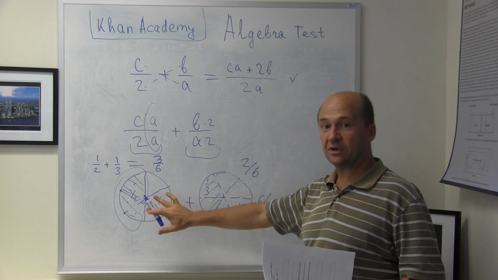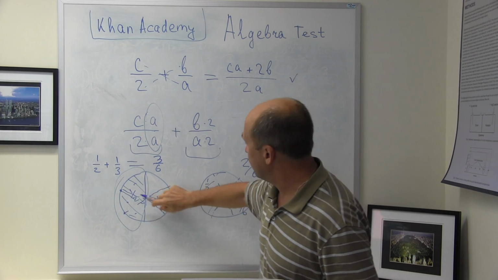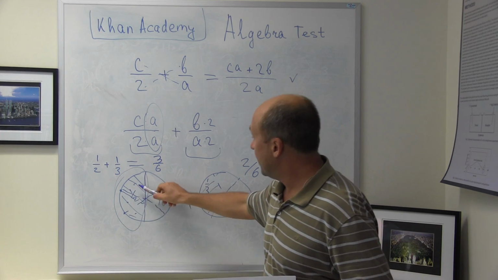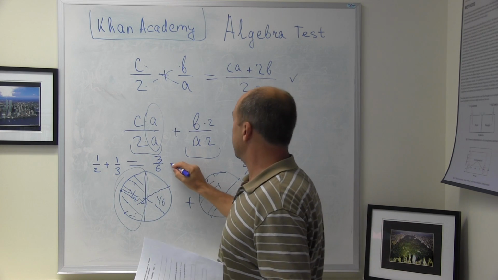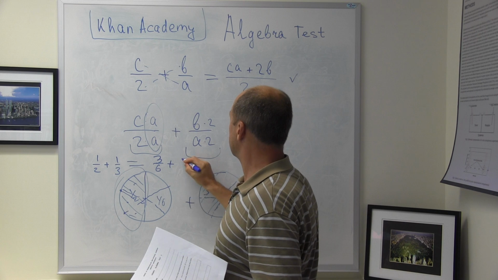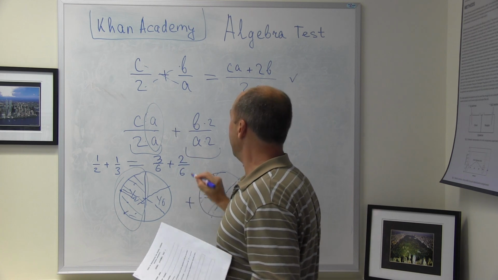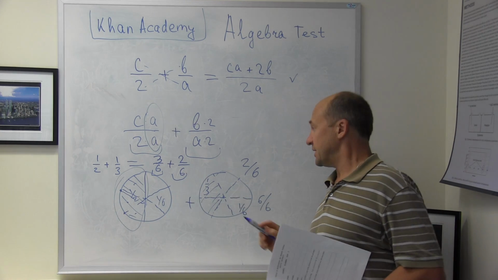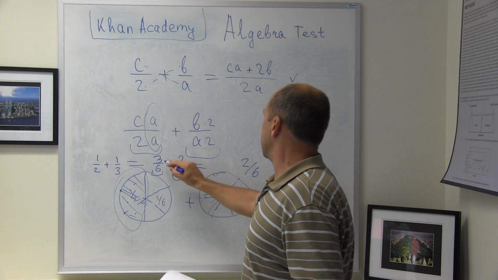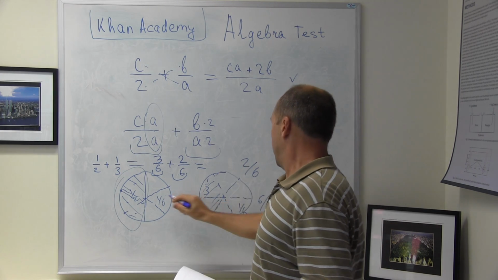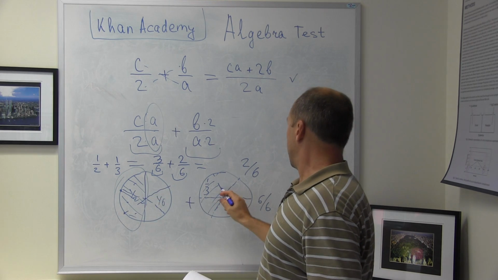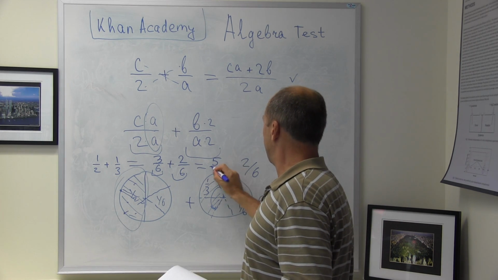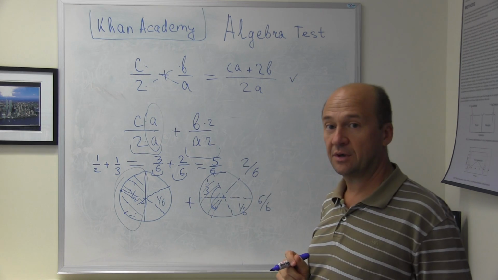So visually, we can recognize now, after dividing it into 6 pieces, that 1/2 is 3/6. So after we achieved common denominator 6 in this case, we can easily add these together and find 3 plus 2 gives us 5/6.